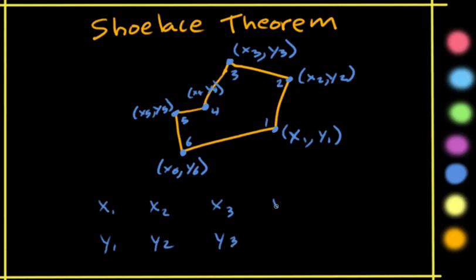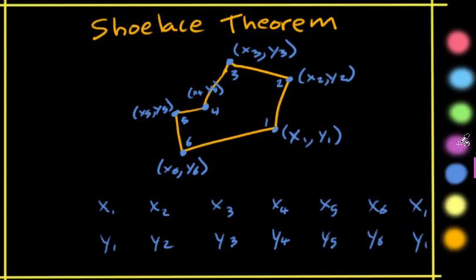And then you write x4 and y4. Then you write the x5 value here and the y5 value here. And the x6 value and the y6, and you might think we're done, but we're not. You have to take the first point and write it again, x1 and y1. So you write all those numbers down, and then you start multiplying.